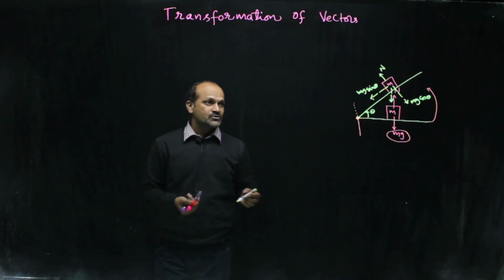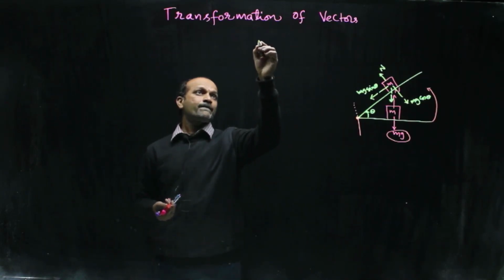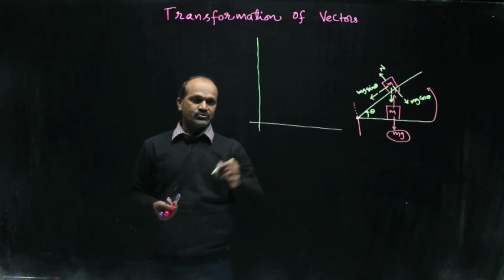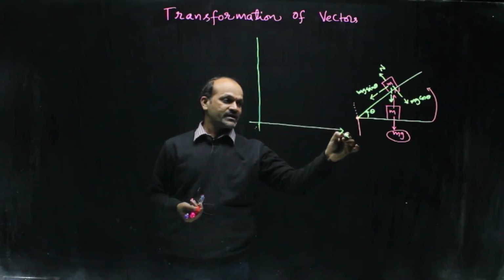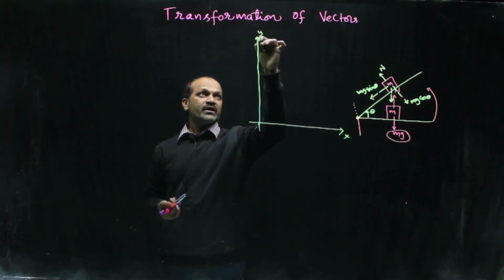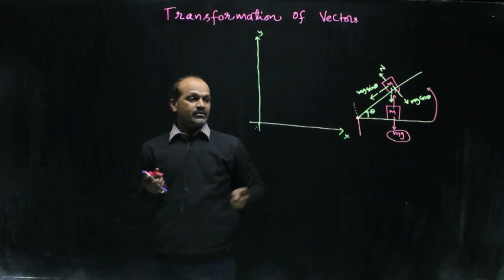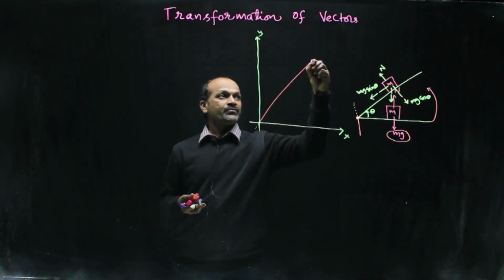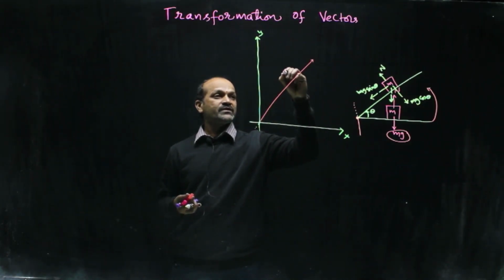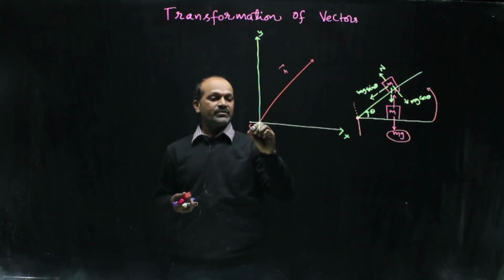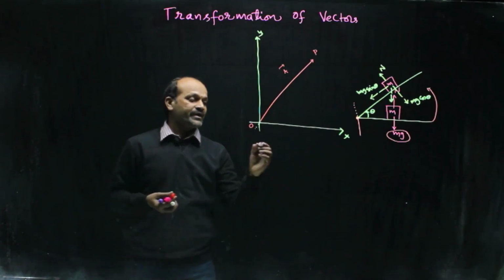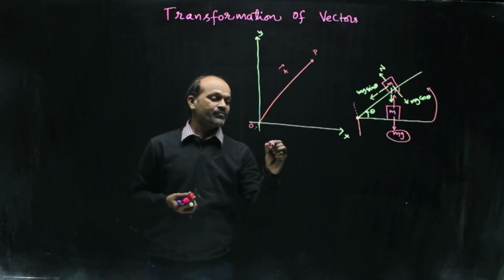I am not drawing the x axis and y axis, but the z axis is there. Let me take a vector a bar, let me write it as OP.